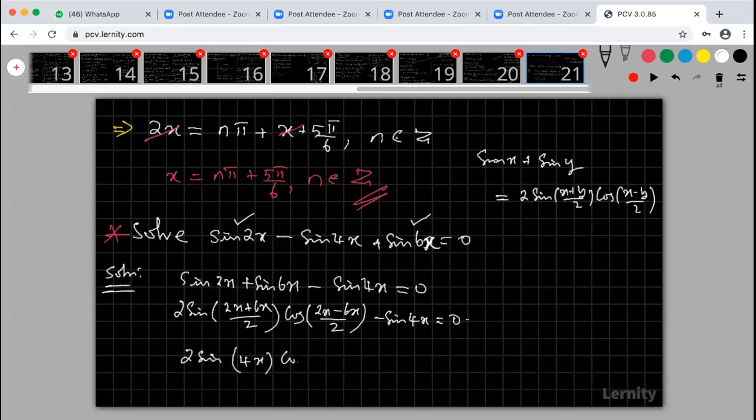Cos of (2x minus 6x), that is minus 4x, by 2, it is minus 2x, minus sin 4x equal to 0.